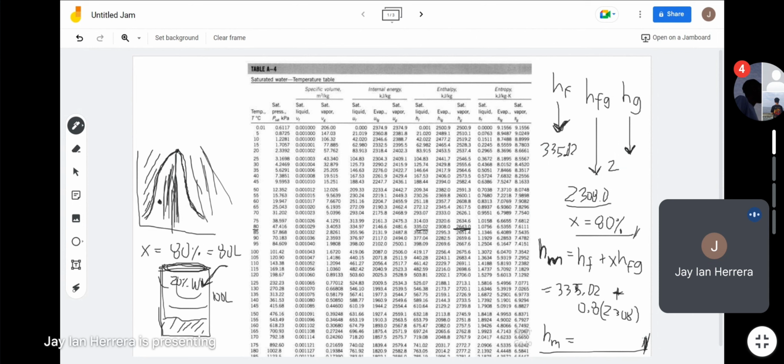Saturated vapor is 2643.0 kilojoule per kilogram. Ito yung nakalagay naman dito kung ano yung units. Super entropy, ayan. Internal energy, and specific volume.